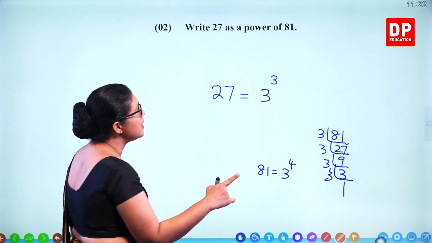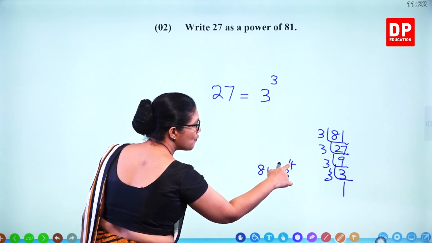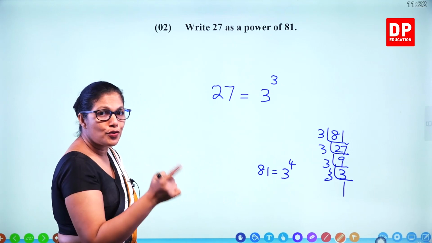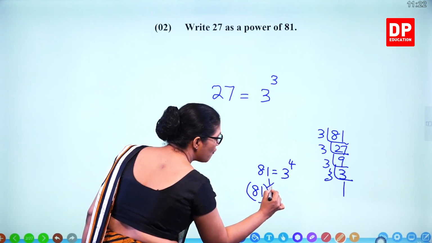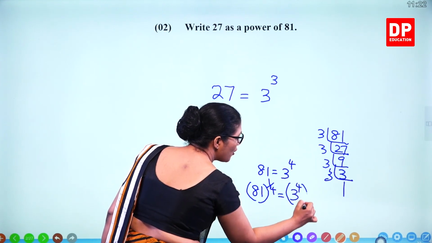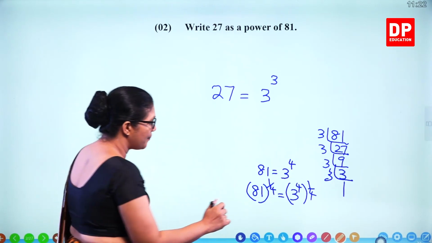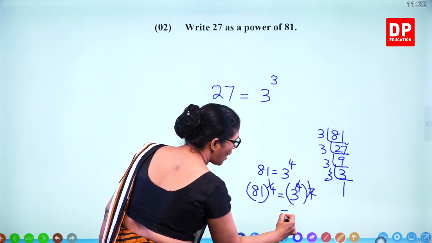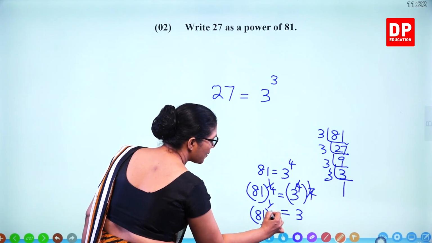But we need 3. So how do you get rid of this 4? You take the 4th root of both sides. So 81 to the power 1 over 4 becomes 3 to the power 4 into 1 over 4. Take 1/4 on both sides, then the 4 gets cancelled out. 3 you can write as 81 to the power 1/4.